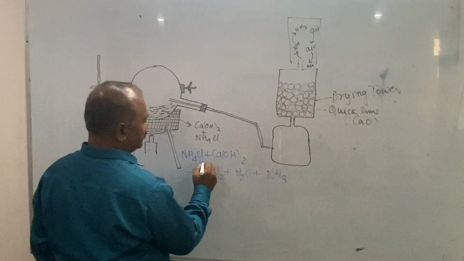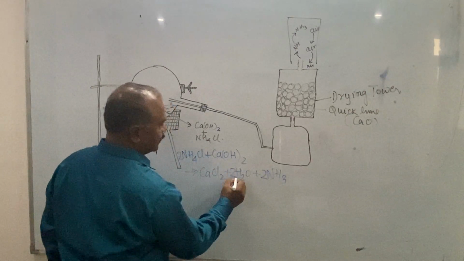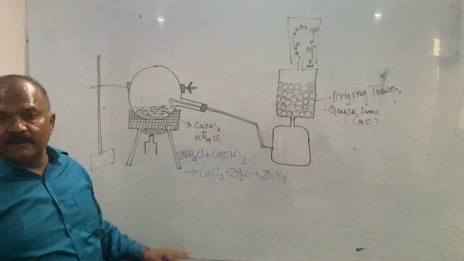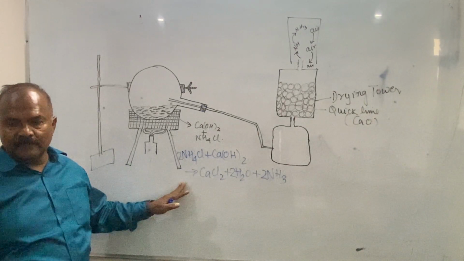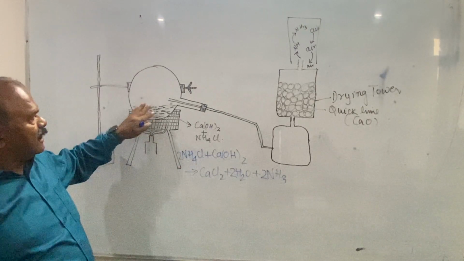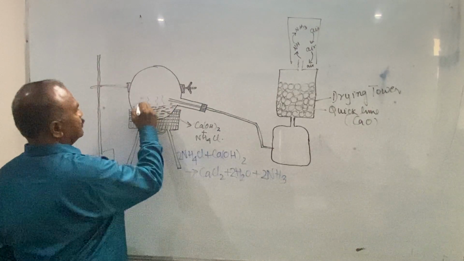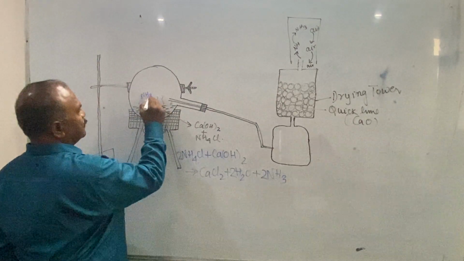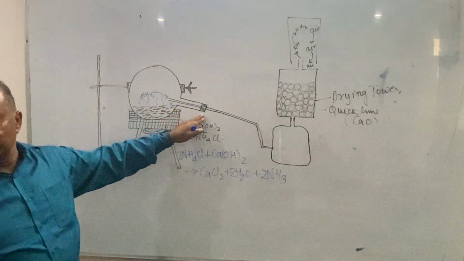But we have to balance this: 2 here, 2 here, and 2 here. Let's balance. Now in this reaction, the ammonia gas which is formed, NH3, will be directed towards this delivery tube.